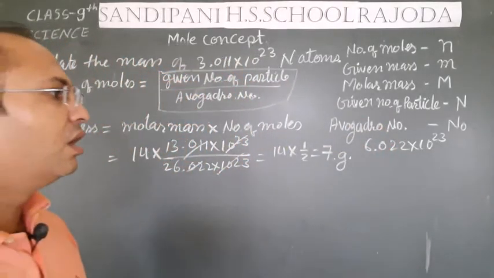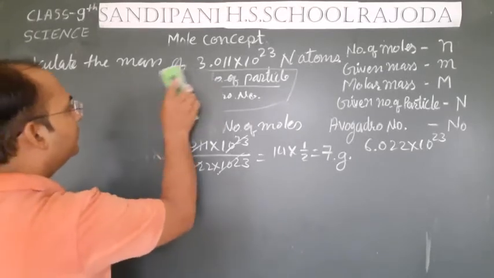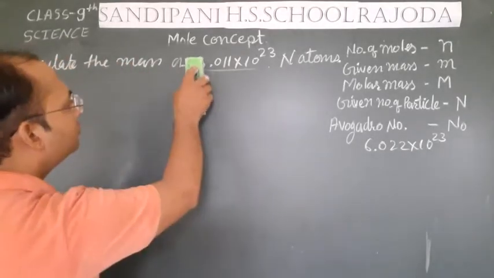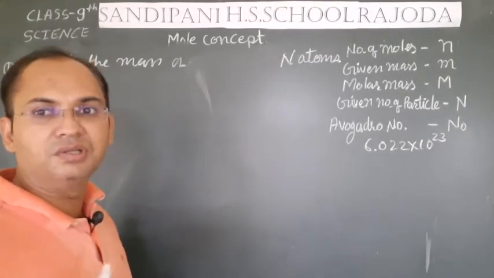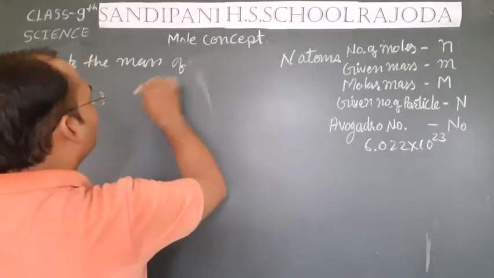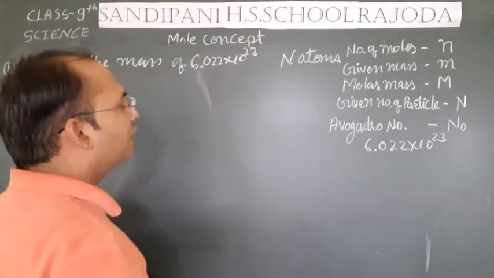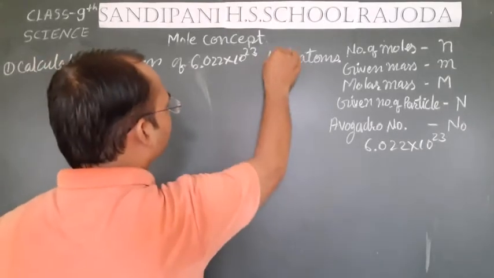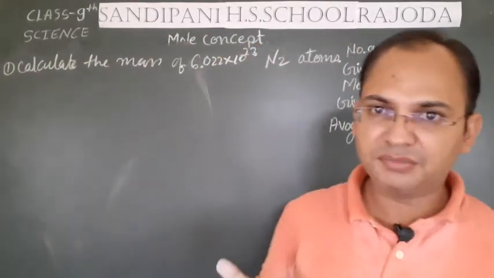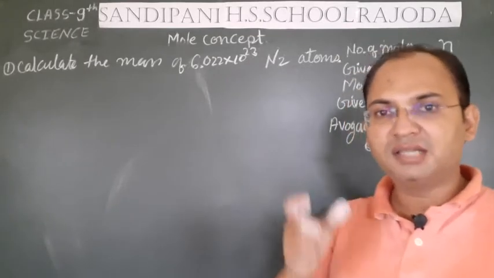Now if we are asked to calculate the mass of any substance whose value is equal to 1 mole or equal to the Avogadro number, then how will we calculate it? The mass of 6.022 into 10 to the power 23, and suppose here we take the nitrogen molecule, then what will be the weight in gram of 1 mole, that is 6.022 into 10 to the power 23 particles of the nitrogen molecule.